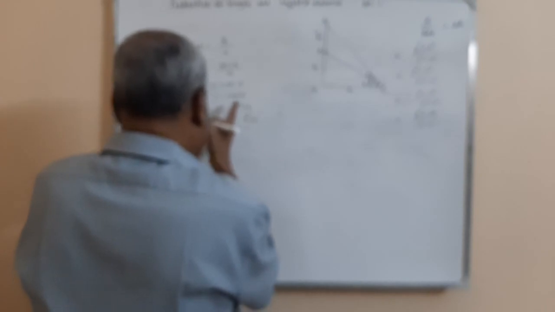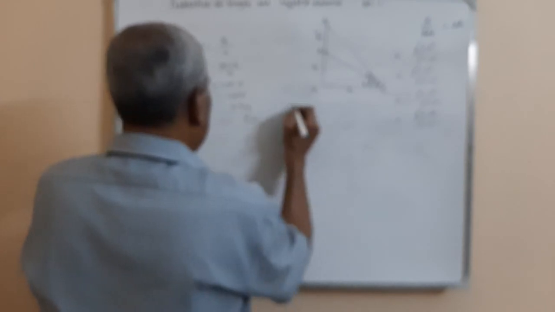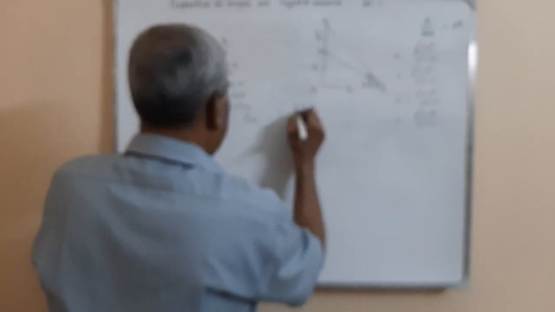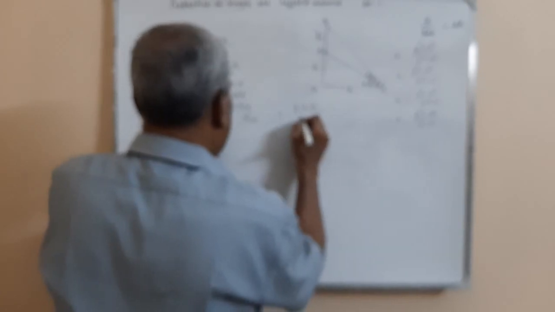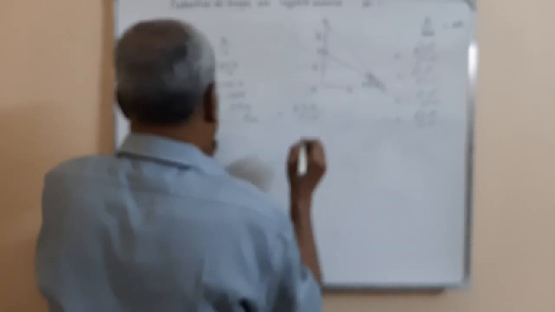Multiply through by A square here and there also, and we get 2AB by A square minus B square.